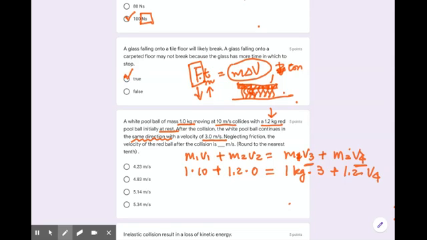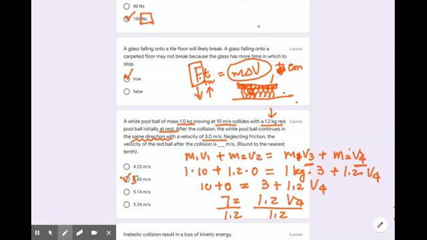That's what we're looking for. Do the math. 10 plus 0 equal 3 plus 1.2 times V4. Subtract 3 on both sides. 7 equal 1.2 times V4. Divide by 1.2 on both sides. So 7 divided by 1.2 is 5.83. Okay, it's 5.83. So this is the right answer.